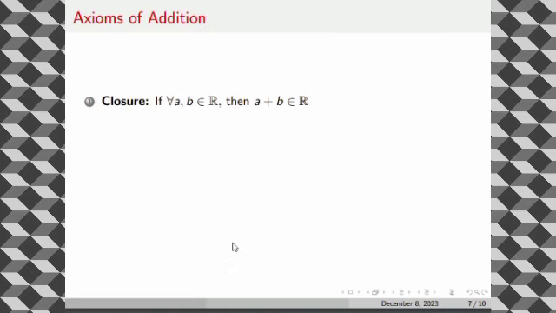Axioms of addition. Closure: for all a, b belonging to the real numbers, a plus b belongs to the real numbers. Like we have 2 and 3 belonging to the real numbers, then 2 plus 3 is equal to 5, which will also belong to the real numbers.